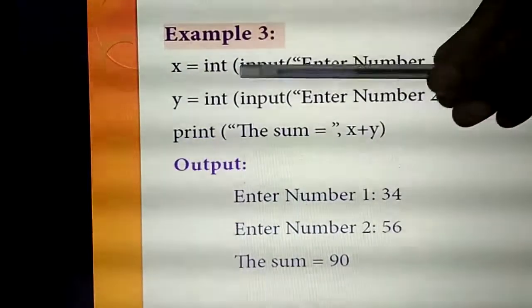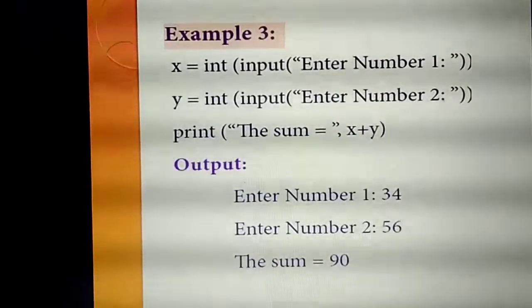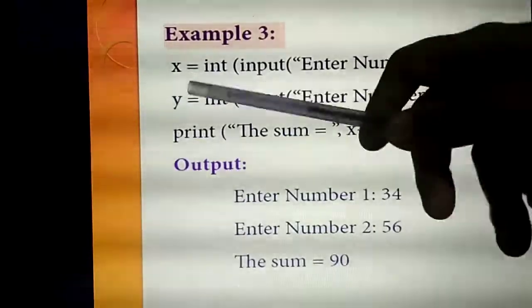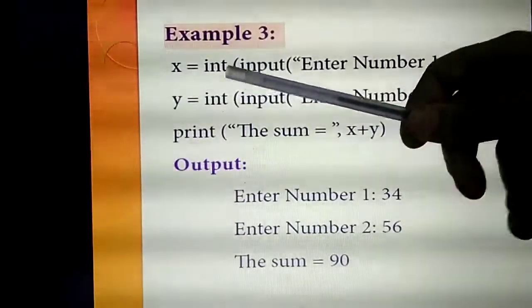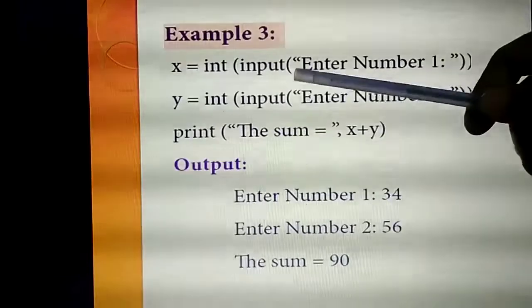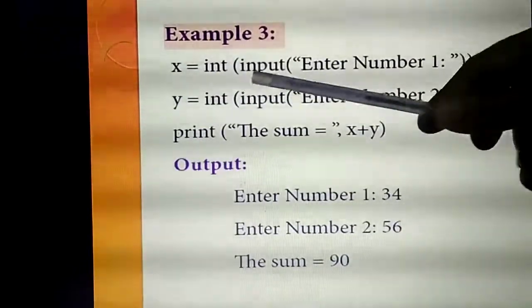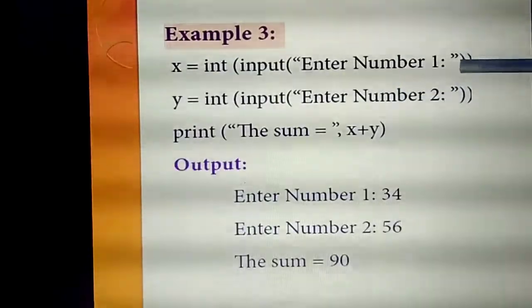Here I am going to enter numbers. So for numbers, which data type do you need to use? int. So x equal to int, what function am I using? input(), with the prompt string: x equal to int, input(Enter number 1).